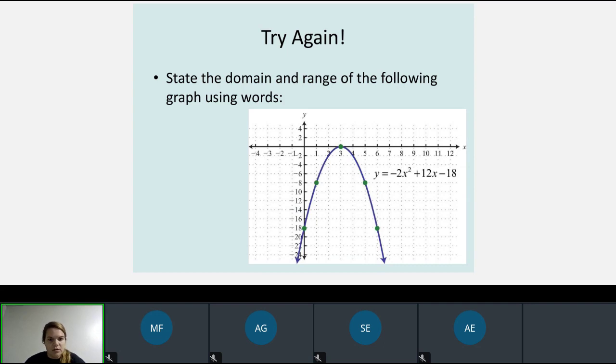All right, so can you, for this one, state the domain and range using words? So I want you to say the domain is, and then type it out in words, and then say the range is all values that are blah, blah, blah. So let's try to type it out in a sentence.